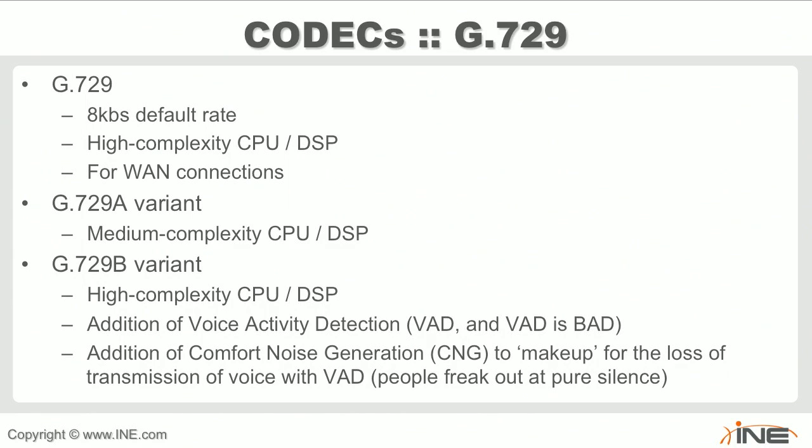And this comes with something that's called high complexity for the CPU or DSP. So we all know what a CPU is, hopefully. If not, you probably need to go back and take a CompTIA course or something. But a DSP, I alluded to it earlier, is a digital signal processor. This is a dedicated IC circuit that, I believe, was originally developed by Texas Instruments.